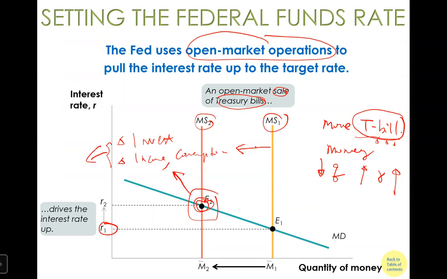So this leads to a change in aggregate demand. And then depending on the economic situation, or state of the economy, the Fed may want to have expansionary monetary policy by purchasing Treasury bills, or contractionary monetary policy by selling Treasury bills.